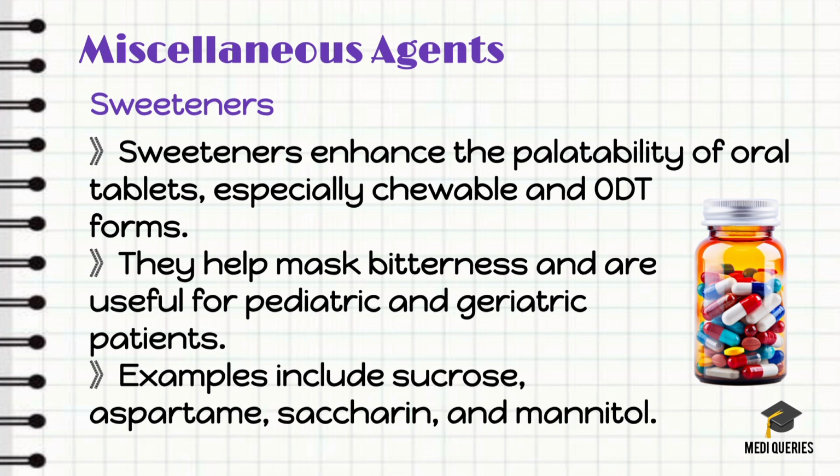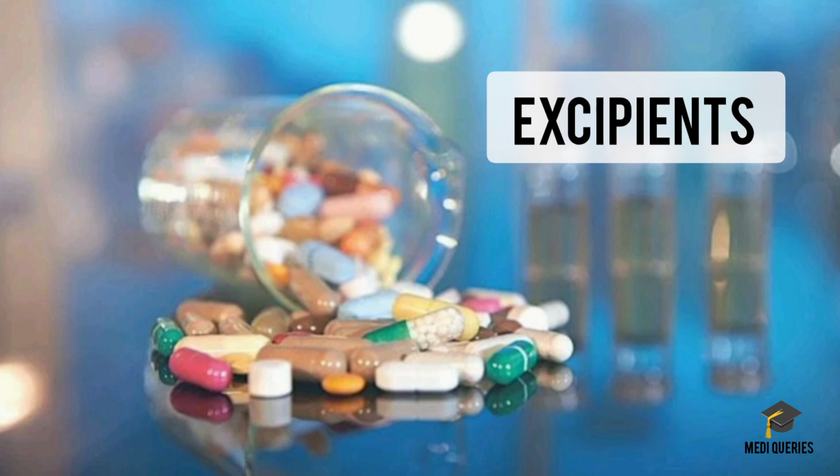However, they must be used within safety limits as defined by the pharmacopoeias. Good flavor masking mainly improves medication adherence in patients with taste sensitivity. Even though they are non-therapeutic, these excipients contribute to overall treatment success.